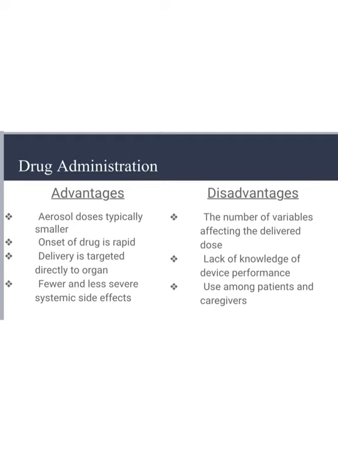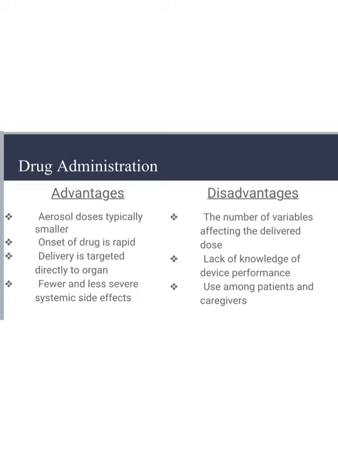The onset of the drug, because it's going to this target organ, is going to happen more quickly. So you're going to have those more instant effects. And you're going to have fewer and less systemic side effects because it's hitting those target organs.